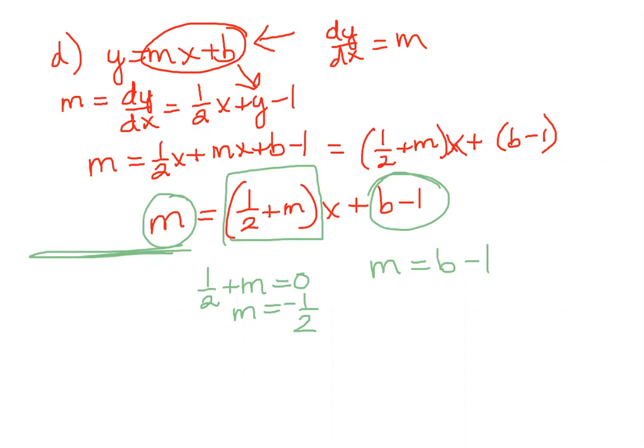But we already said that m equals -1/2. So b equals +1/2. That is a difficult one. You get 1 point for finding m and 1 point for finding b.